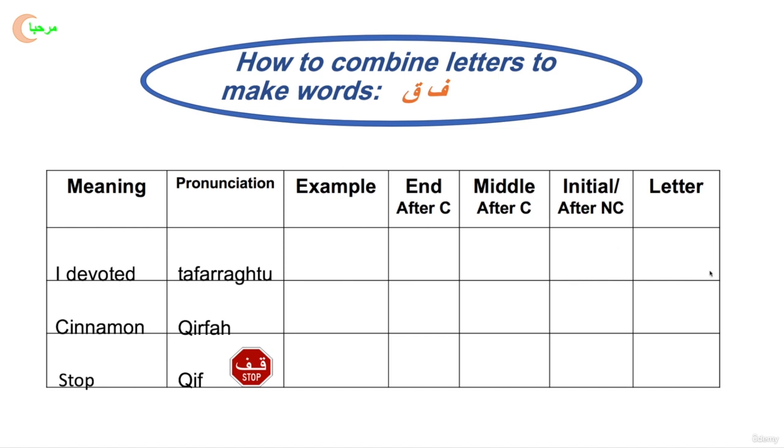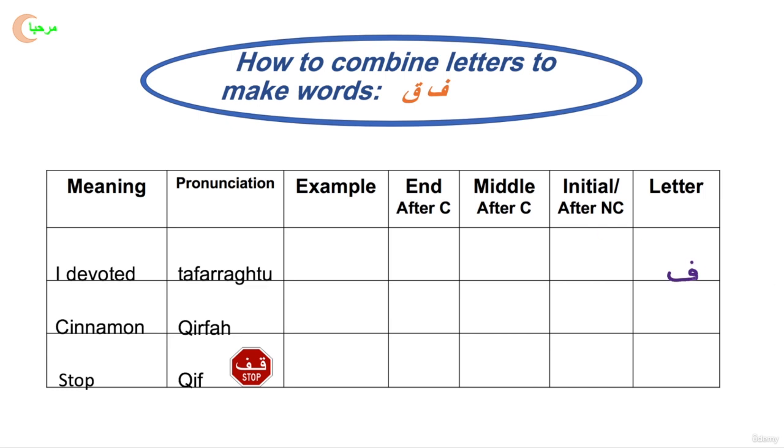So the first letter here is the letter fa, and the fa resembles the letter ba with a circle on top. So let's make our circle first, and then we go down just like when we wrote the ba, and then we close it. The ba has a dot below, and the fa has a dot on top.